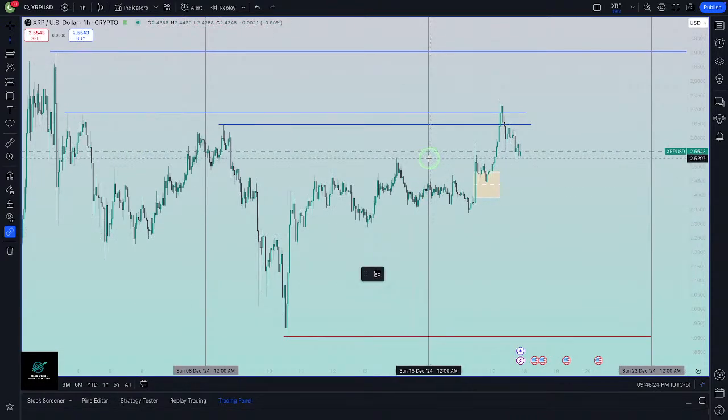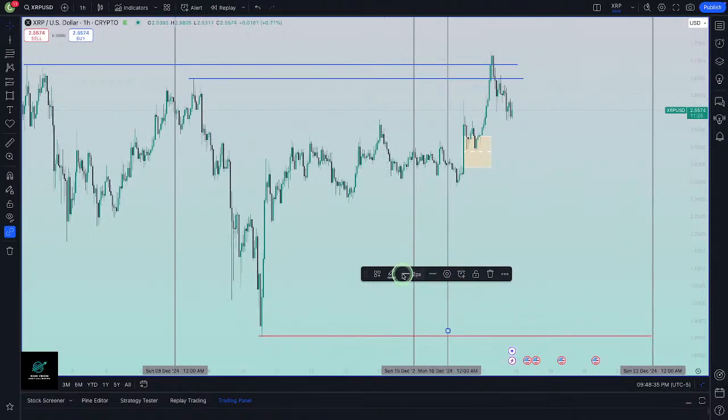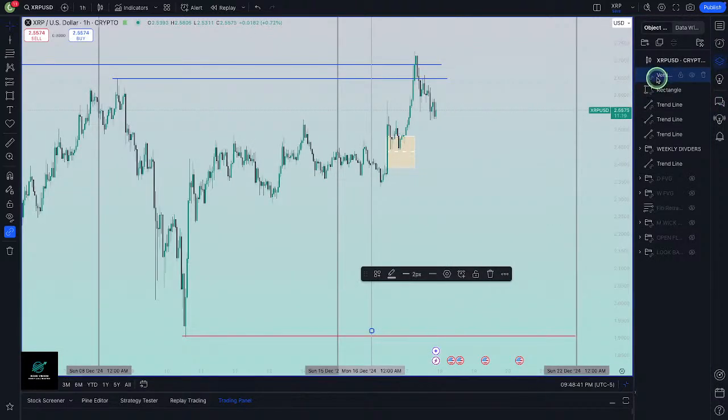So Sunday at midnight to Monday at midnight, that's how I'm going to start it off. And remember, stay organized. I'm going to label this my daily dividers.